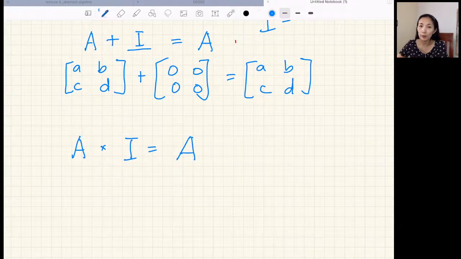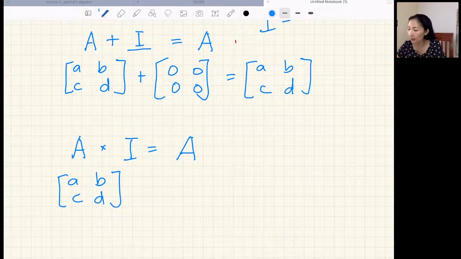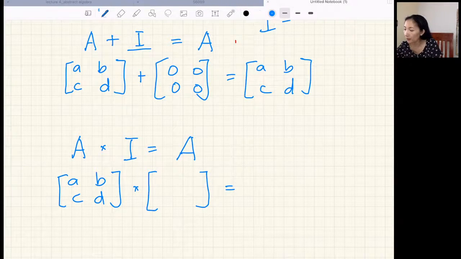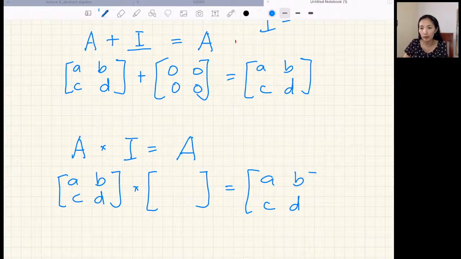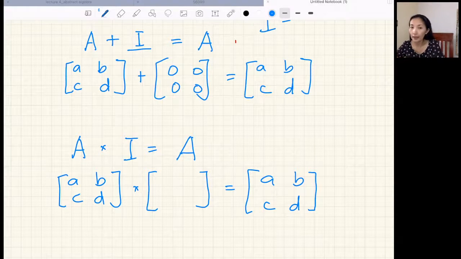Now, we're moving on to multiplication. Your A is the matrix A, B, C, D. What should this be so that when I multiply it to A, B, C, D, the result will still be A, B, C, D? All ones? The identity matrix with 1. Are you sure it's all 1?